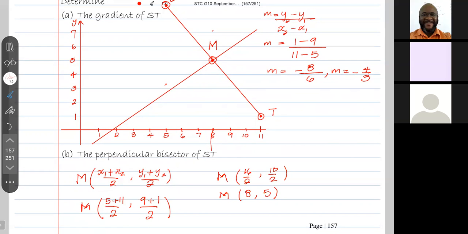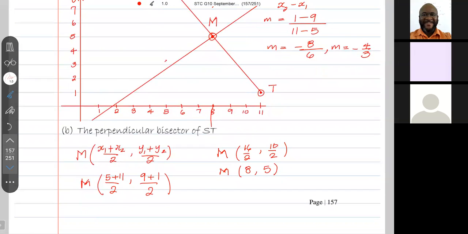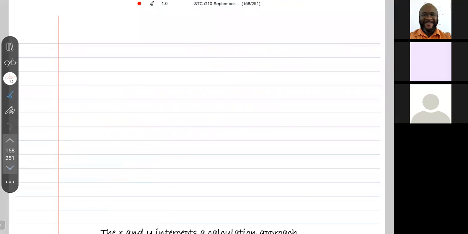So now from the midpoint, I can go and determine the equation of the perpendicular bisector. I'm turning the page. The formula for determining the equation of a straight line is y is equal to m times (x minus x naught) plus y naught. I need the gradient m2, which is 3 over 4.